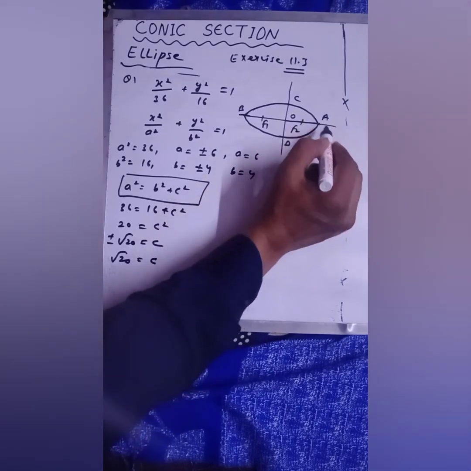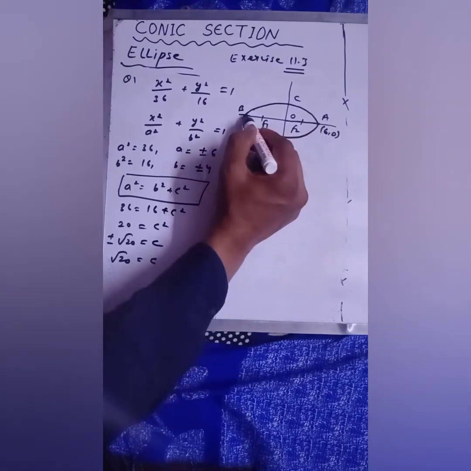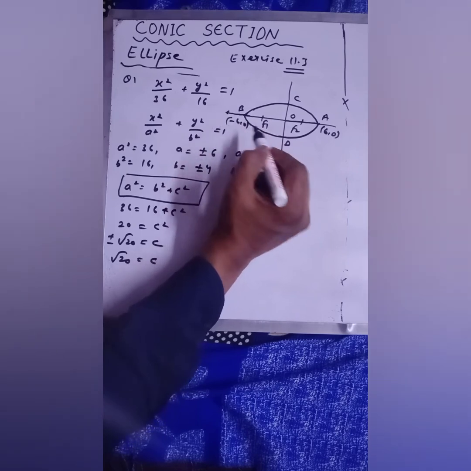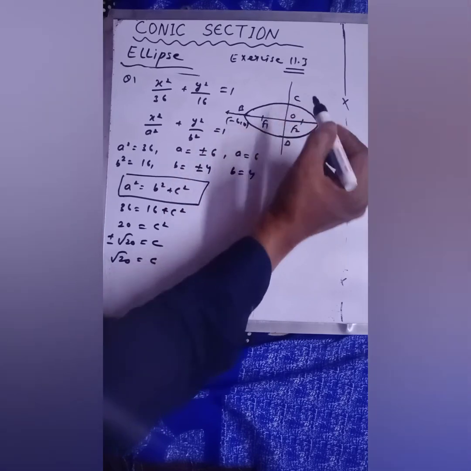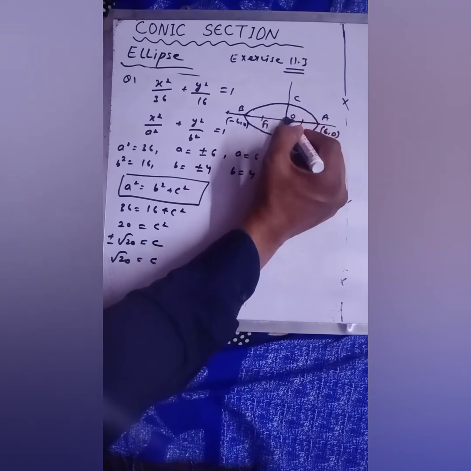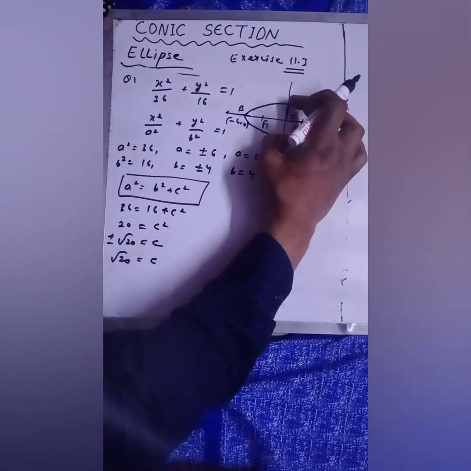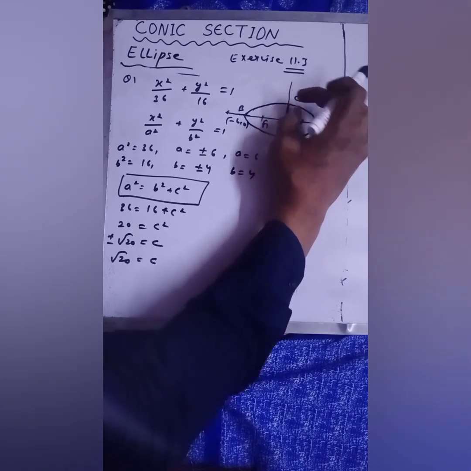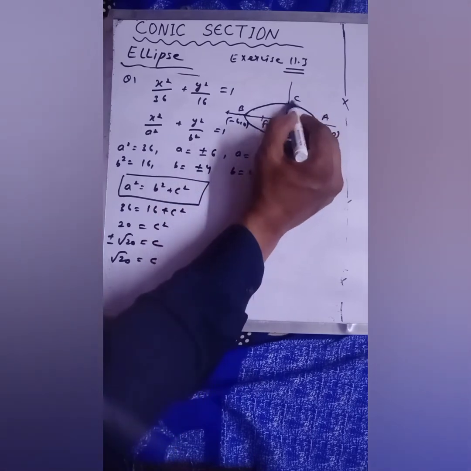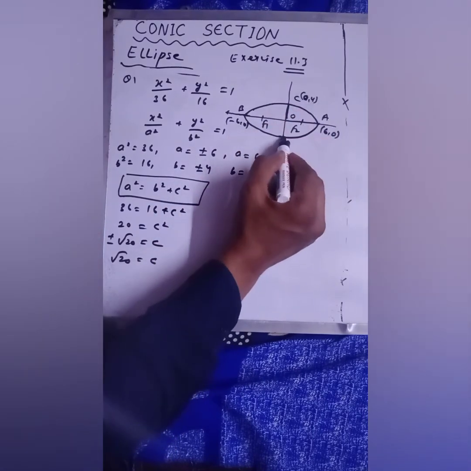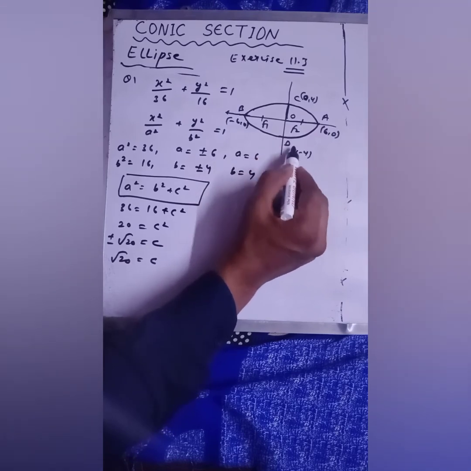The coordinate at this point would be 6, 0. Similarly, coordinate of B would be minus 6, 0. Coordinate of C would be, because this distance is your b. ठीक है ना, क्योंकि ये क्या होता है आपका माइनर एक्सिस होता है, विच इज इक्वल टू 2b. सो ये पार्ट आपका b हो जाएगा, तो आपका b 4 आ रहा है बेटा, तो आपका इसके कोऑर्डिनेट्स होंगे 0, 4 एंड d के कोऑर्डिनेट्स होंगे 0, -4.